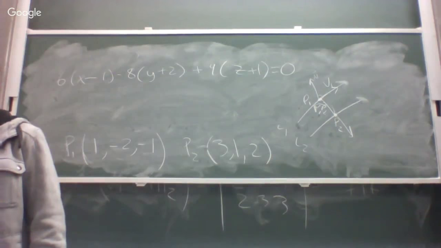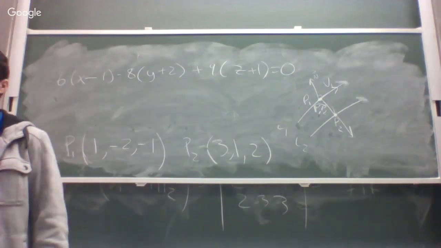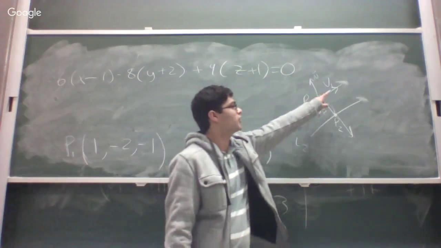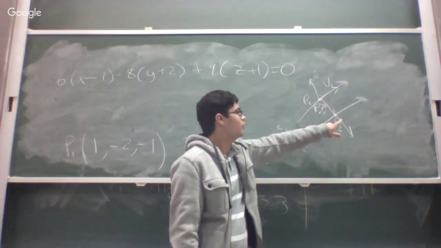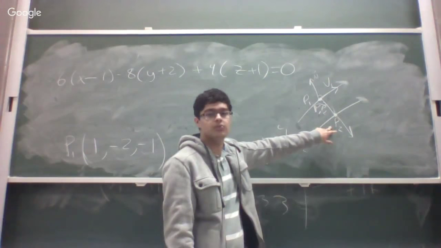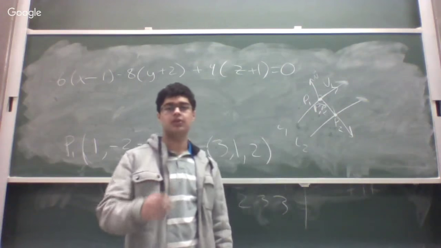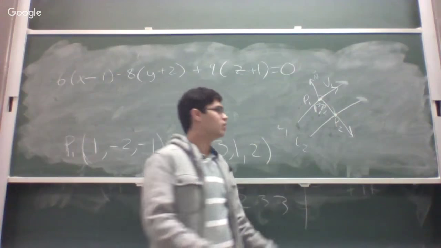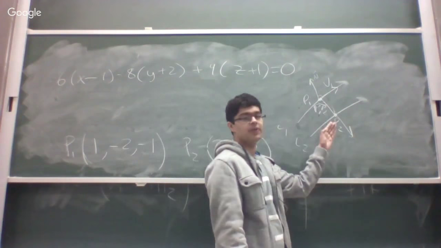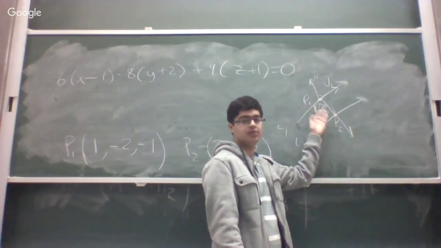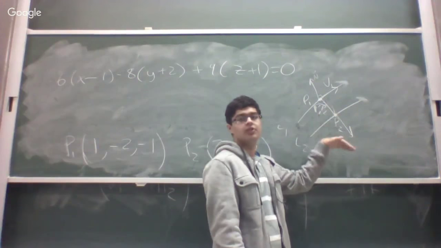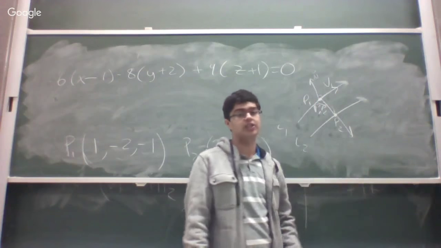So we knew this vector from the line equation. We found this vector from P1 to P2. The normal vector is the cross product of them. And then once you have a normal vector, the plane perpendicular to the normal vector is the plane that we want. And in this problem, yeah, it is. So then we use the values for I, J, and K for it.